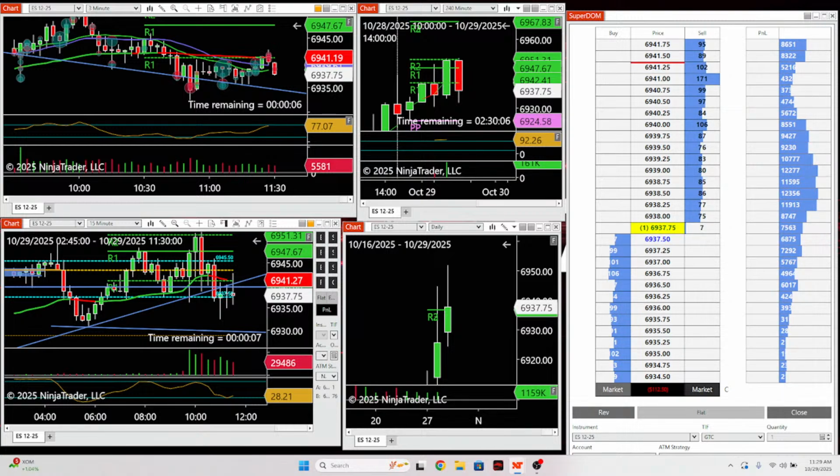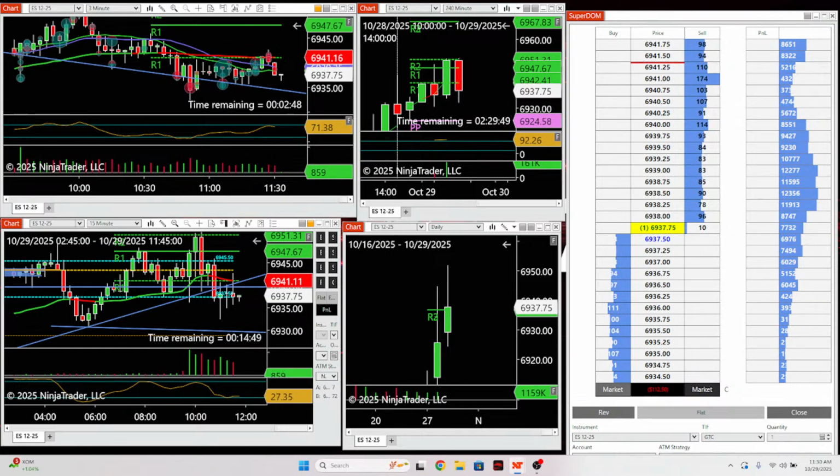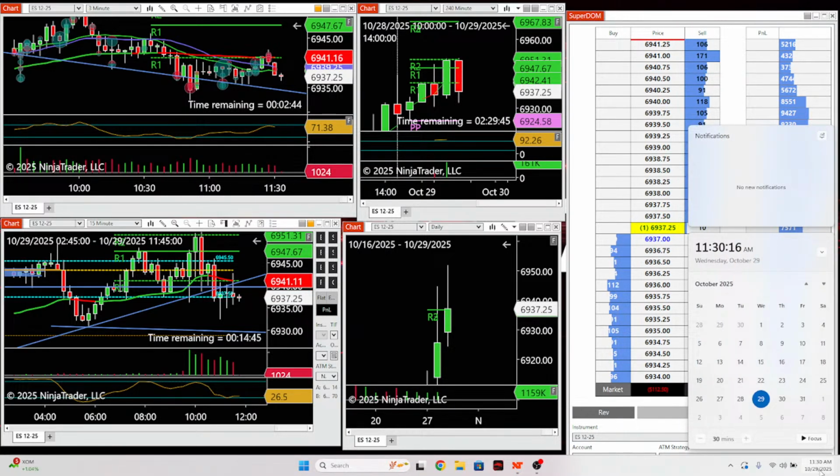It's staying down in the low area, so when the news comes out at 2 o'clock, it could dump, or it could be staying low so it can run higher before the news and then dump again. It may dump and then the news comes out and it runs up. What time is it? It's 11:30.